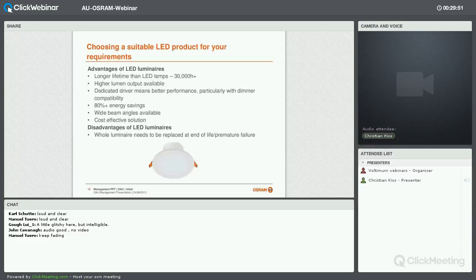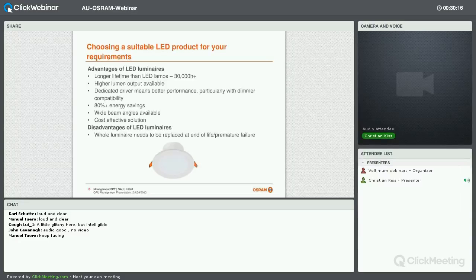Dedicated driver means you get better performance, particularly with dimmer compatibility as well. You get high energy savings compared to halogen if you have halogen in there. Wide beam angles are available, which gives you better uniformity, so not as many shadowing and hot spots and things like that.